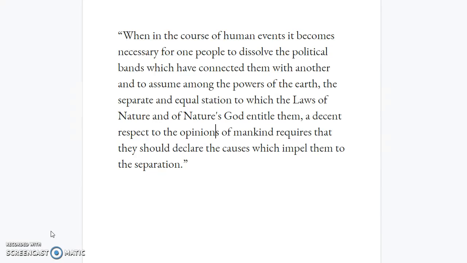If your teacher asks you what this sentence means, so I've put this sentence, a famous sentence, the opening of the Declaration of Independence, you basically go through it one word at a time, and just start changing the words to a synonym, like you change events to happenings, and you change it becomes necessary to it is necessary, and for one people you might say one group of persons, and you basically go through this and just replace words and phrases with synonyms, which a computer program could do, a monkey with a dictionary could do. If you do that, you're probably going to get an A in your English class.